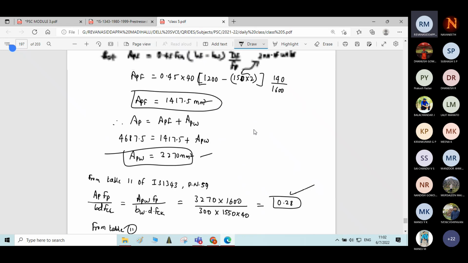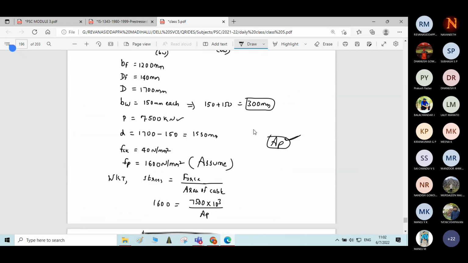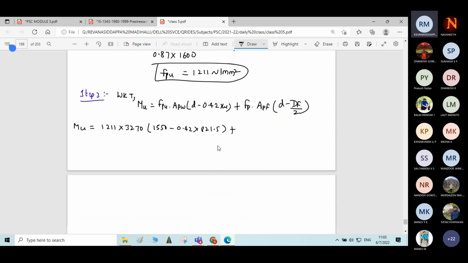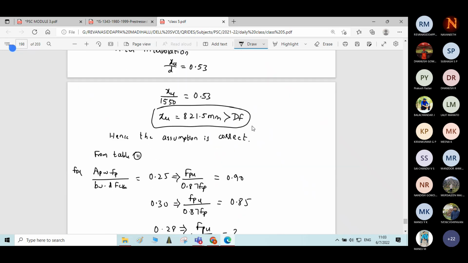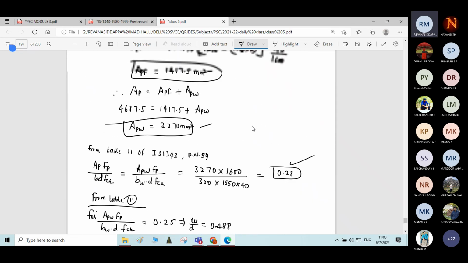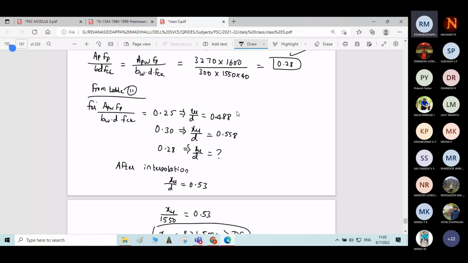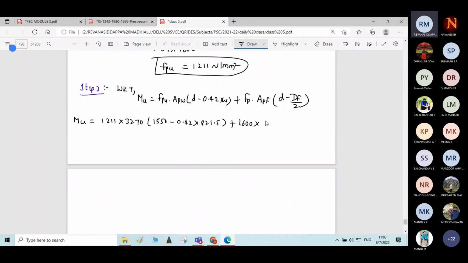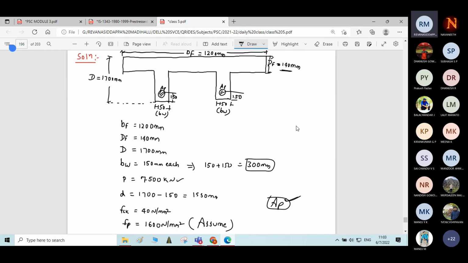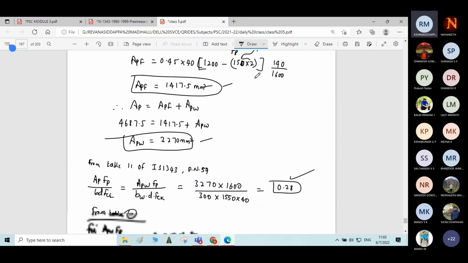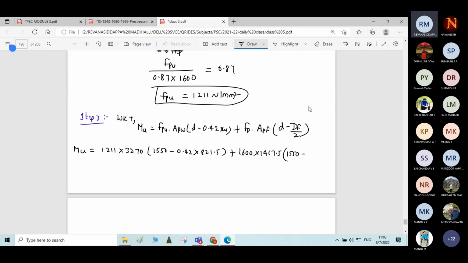FP value is 1600 as we know, into APF. How much did we get for APF? 1417.5 into D, 1550, minus DF by 2. Depth of flange, how much do we have? 140 divided by 2.